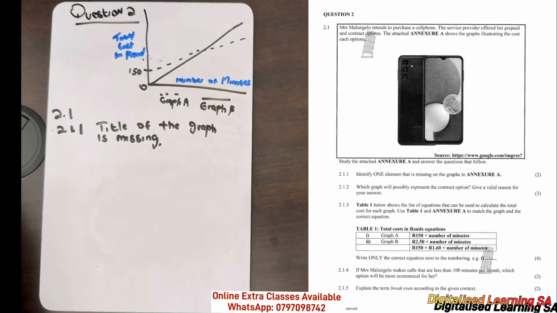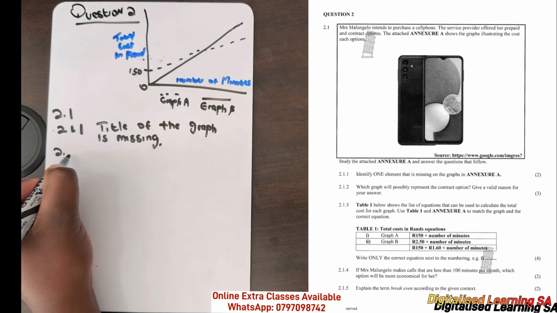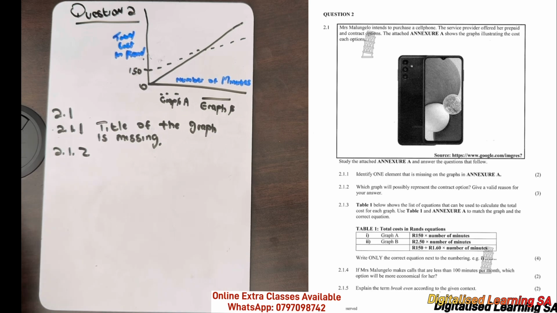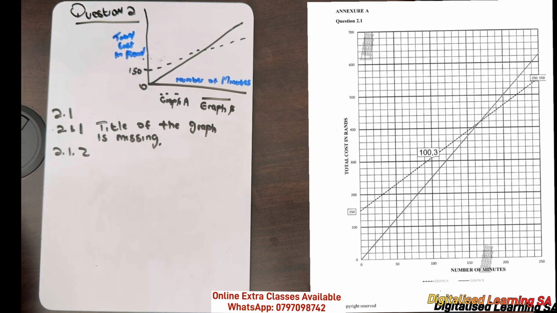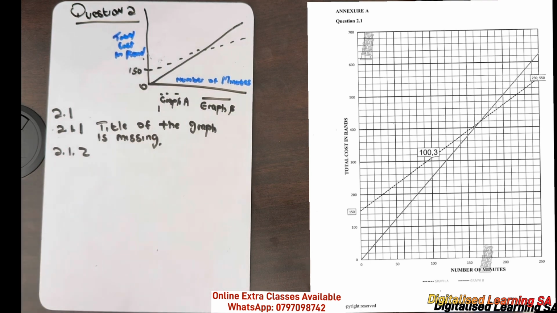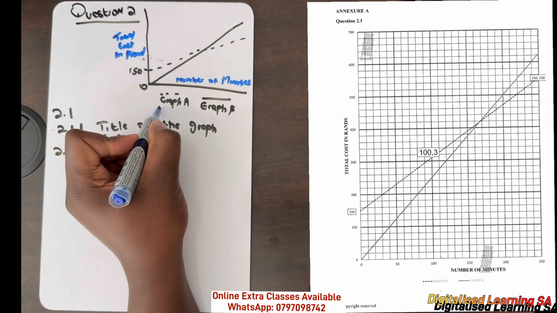Okay, so now let's move to question 2.1.2. Question 2.1.2 says, which graph will possibly represent the contract option? Give a valid reason for your answer. So I do have graphs here on my board, but even on the right hand side I have attached the graph.